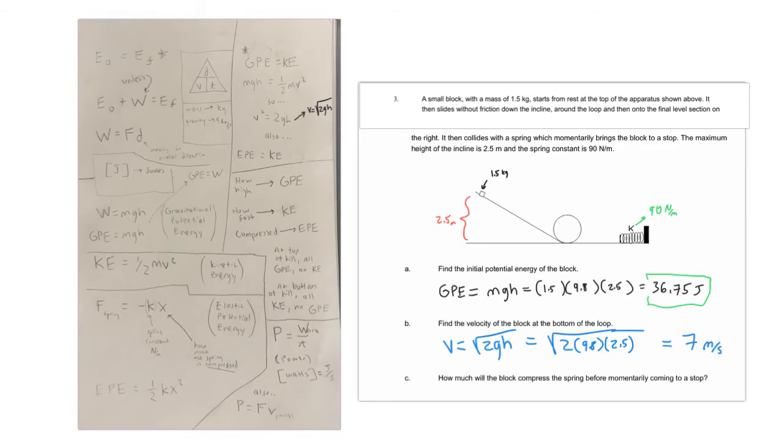Well, the displacement refers to what distance the spring is compressing in, okay? And that's ultimately what they're asking us. When they say, how much will the block compress the spring, that means, what distance will be covered in the compression of that spring. So that's a length question, if you think about it.